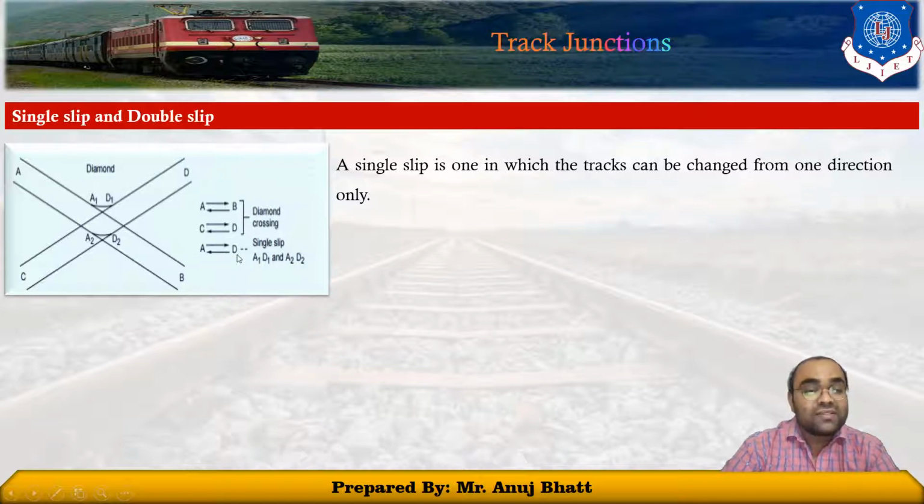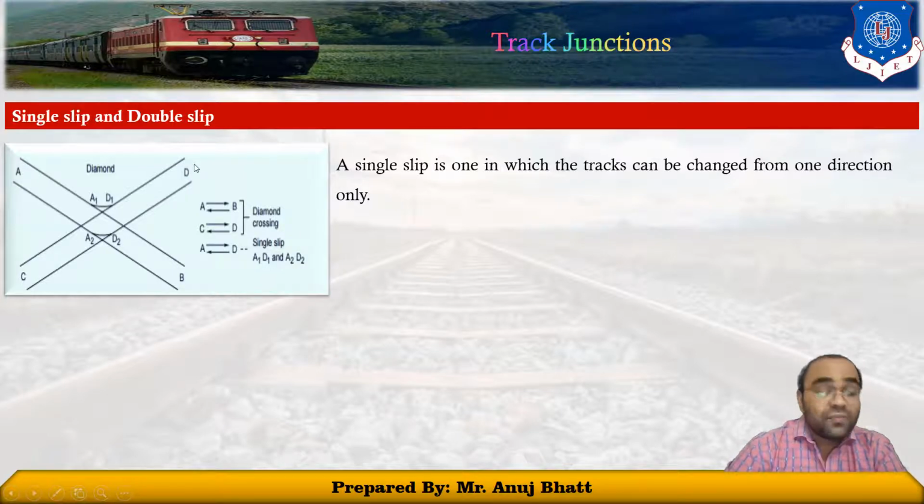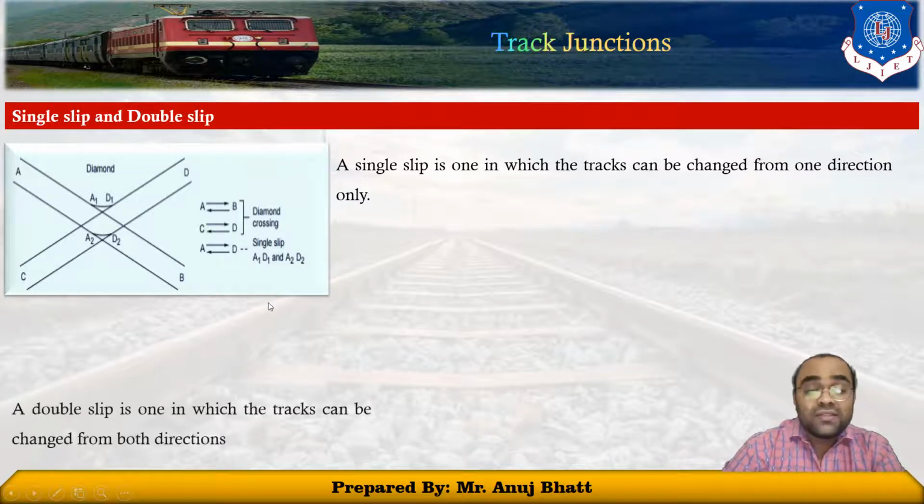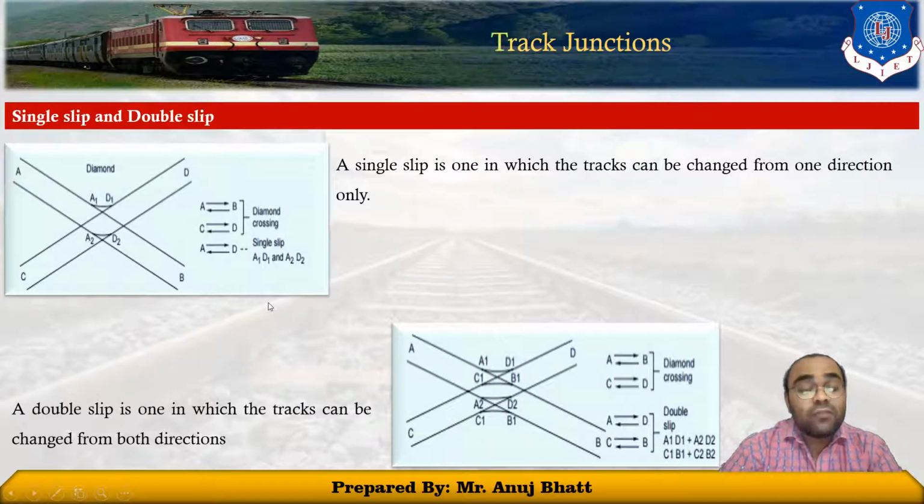So the train coming from this direction can move in this direction only, or coming from this direction can move to the direction D. But in the double slip, it can be moved both ways, A to D or D to A, or C to B or B to C.